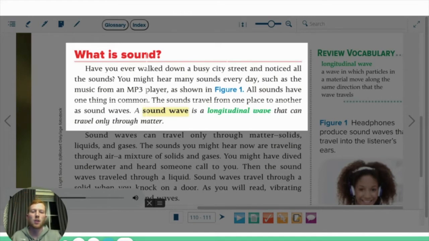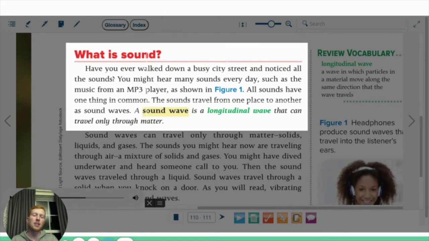Your answer for your warm-up today on Monday is: a sound wave is a longitudinal wave that can travel only through matter. Remember, longitudinal waves can only travel through matter because it's a form of a mechanical wave, right? The other form of mechanical wave is a transverse wave. Mechanical waves have to travel through matter.